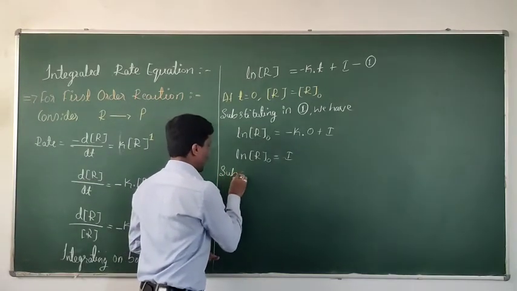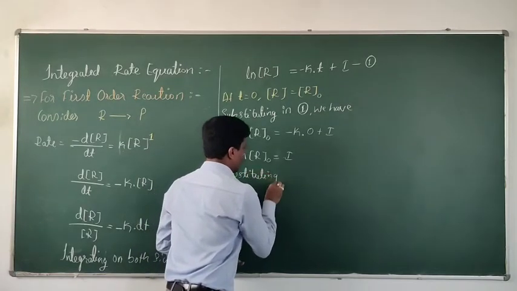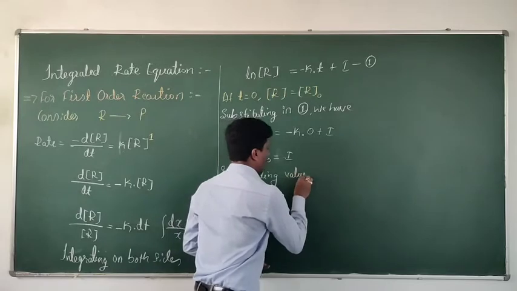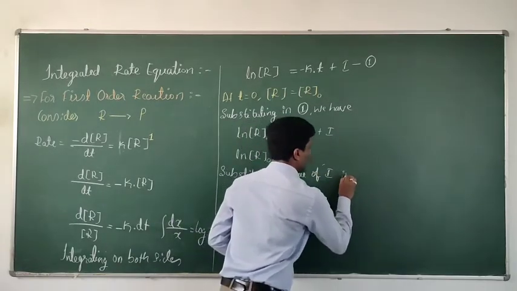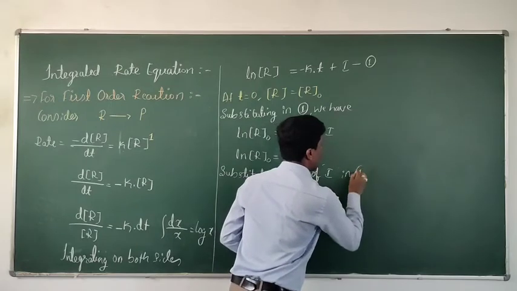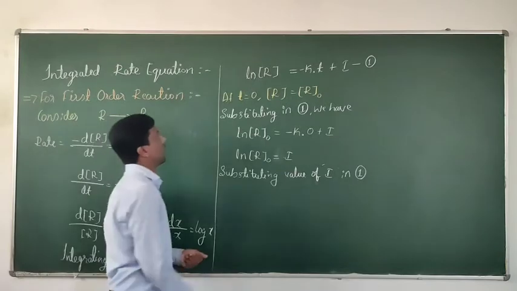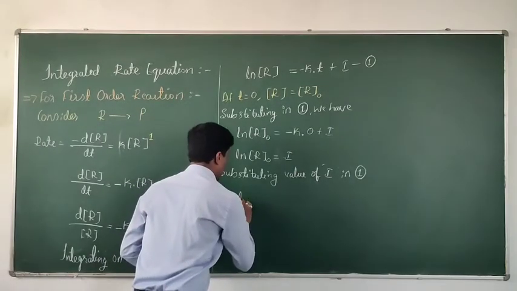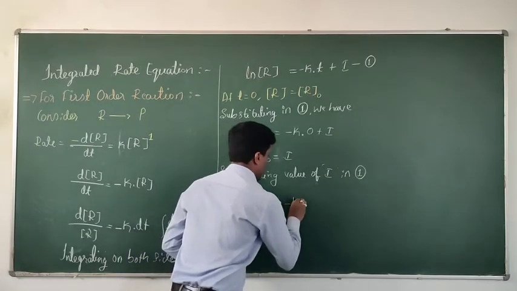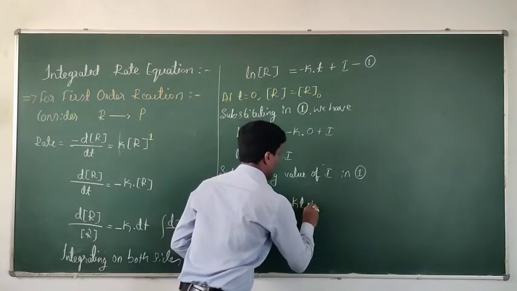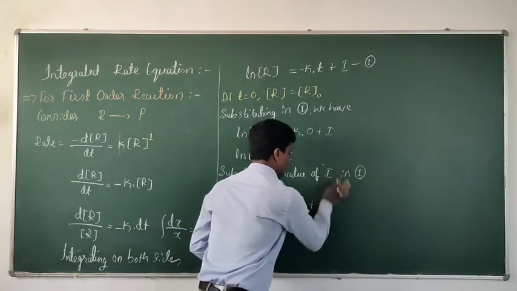Now substituting the value of I in equation number 1, what do we get? ln R is equal to minus k into t plus ln R naught.